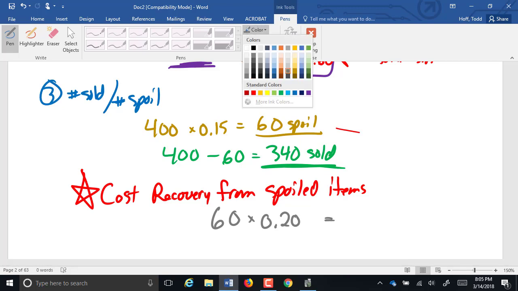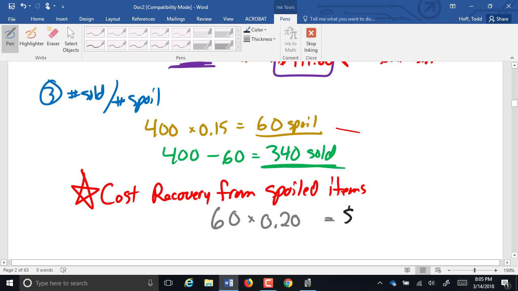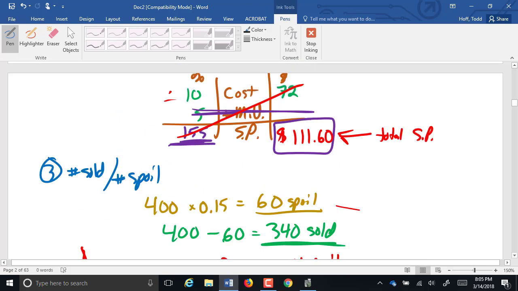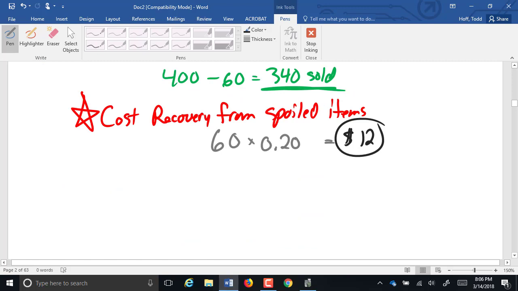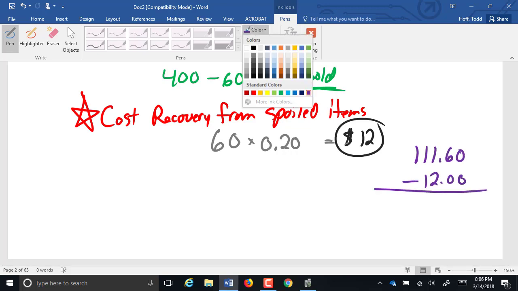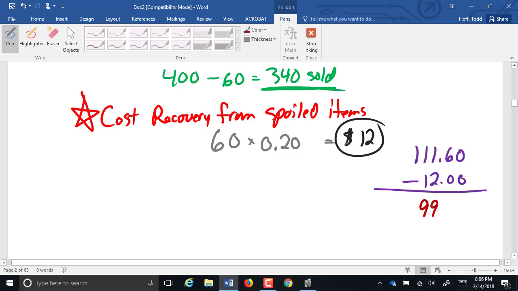We got $12 out of those spoiled bars. Now we said we only needed to get $111.60 out of this batch to get our total selling price. So we're going to subtract that $12 that we recovered from that total selling price, which is telling us we only need to get $99.60 out of the ones that are sold.